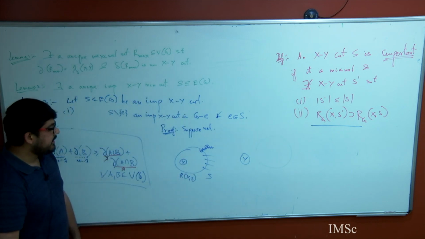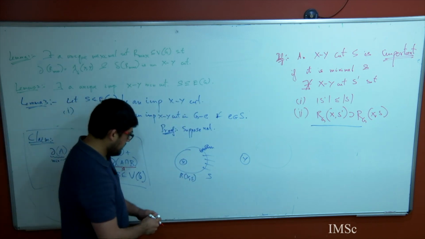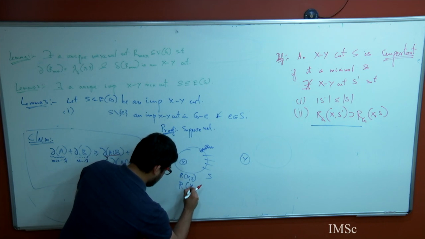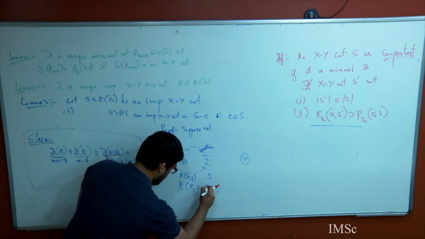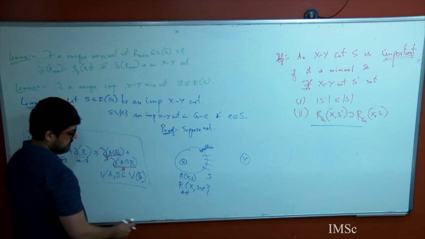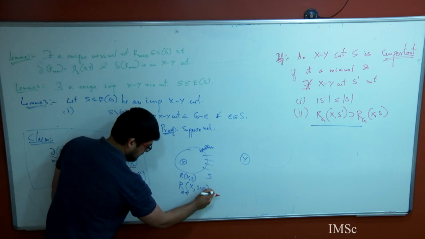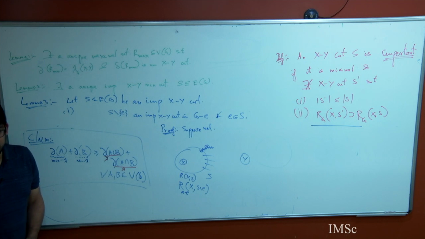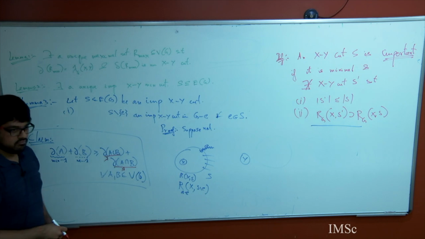Now look at the reachability set of X in the graph G minus E. That's really the same, right?